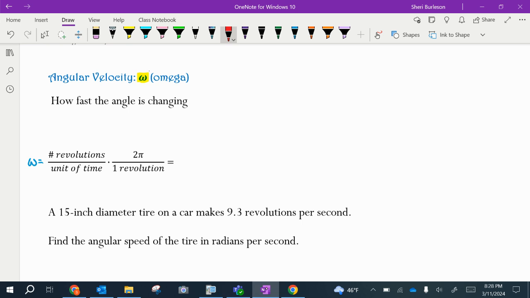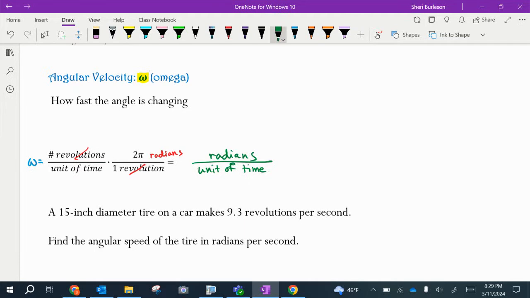There are 2 pi radians in 1 revolution. The revolution unit of measure divides out, and what I am left with is radians, 2 pi times however many revolutions it was, per unit of time.